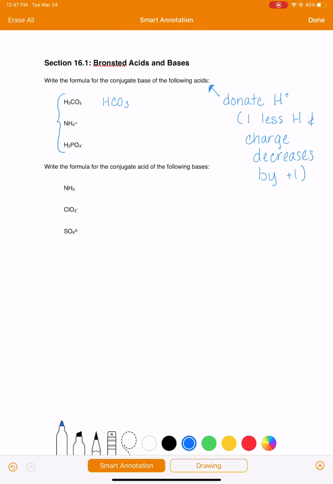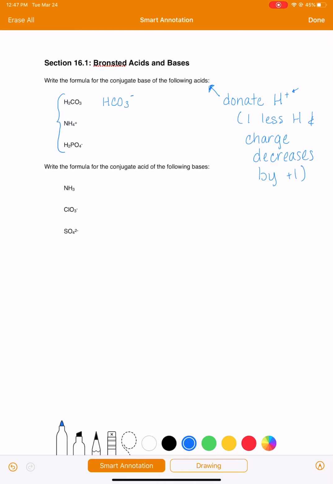We lose a +1 charge from the H+. So we go from H2CO3, which is neutral, and we lose that positive charge. So now it's HCO3-.